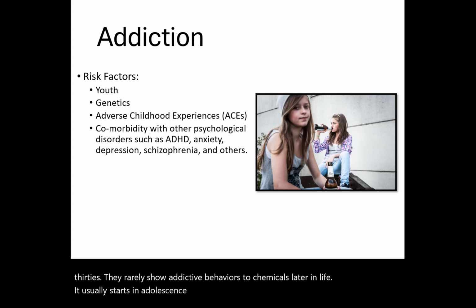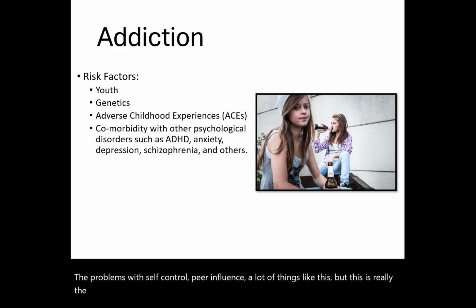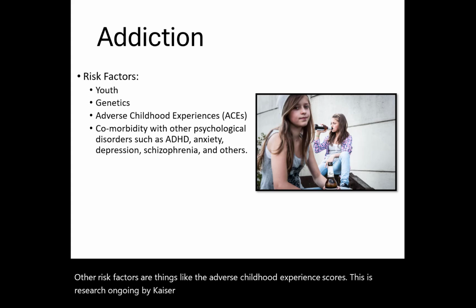And this has a lot to do with brain development, the impulsivity, problems with self-control, peer influence, a lot of things like this. But this is really the time when we see addictions to chemicals and behavioral addictions begin to show. Other risk factors are things like the adverse childhood experience scores. This is research ongoing by Kaiser Permanente that looks at adversities that children experience.